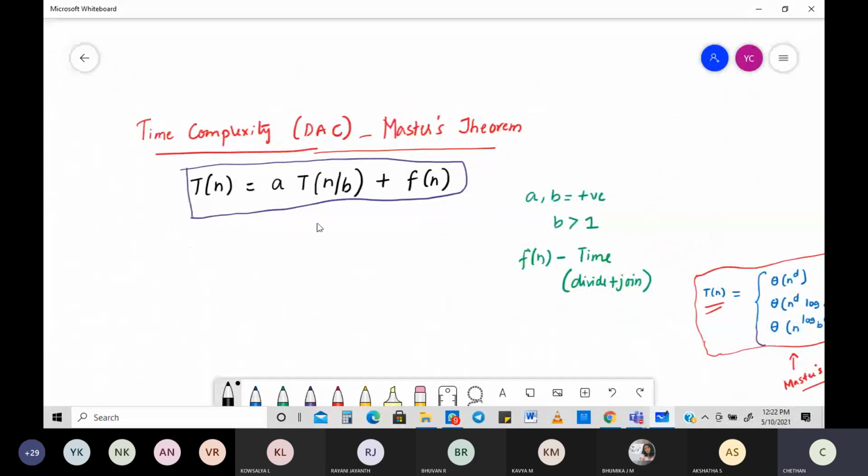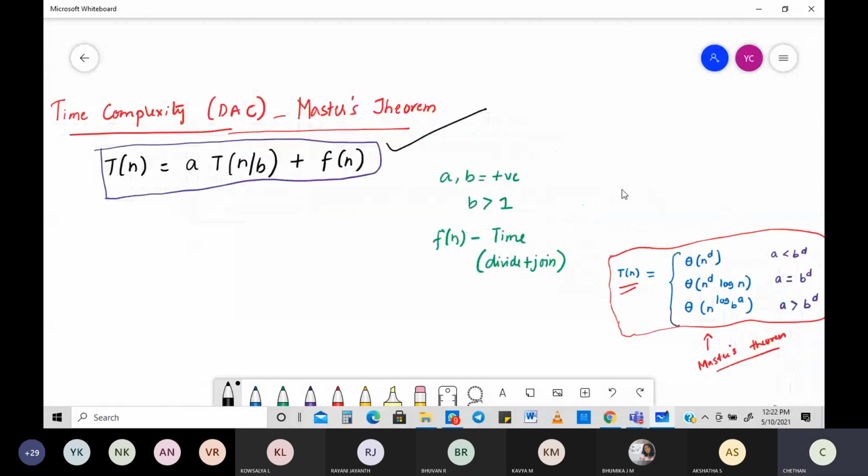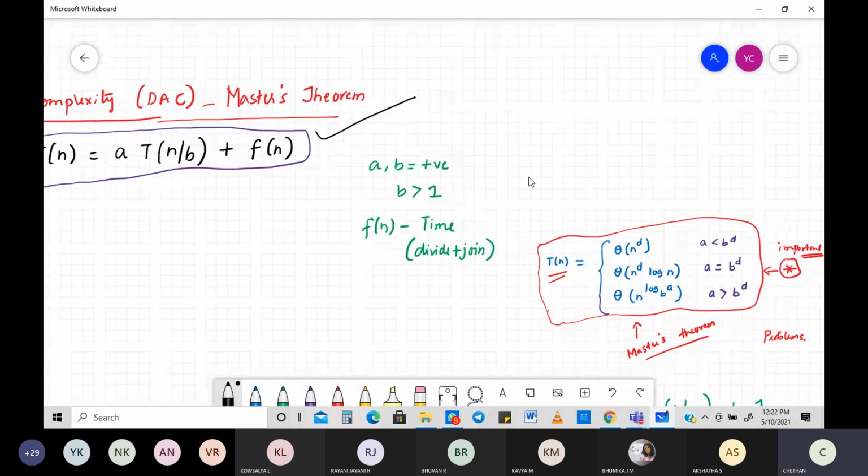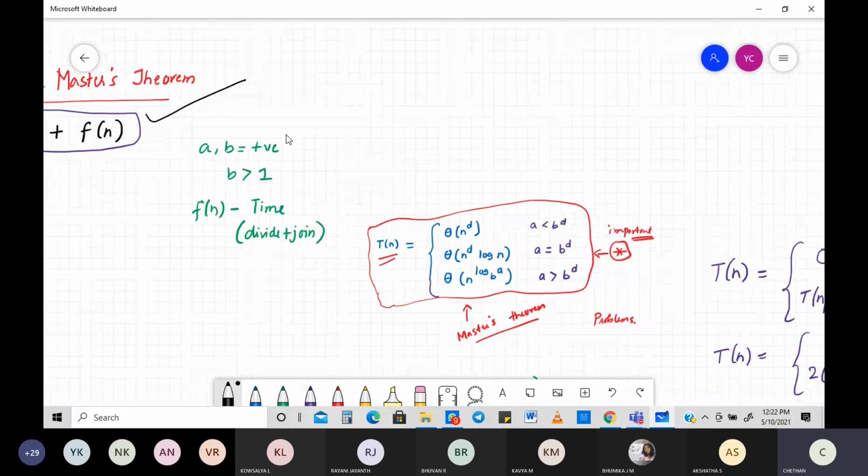This is the first thing you need to remember, which you should never forget. The second one is whatever the Master's Theorem says.